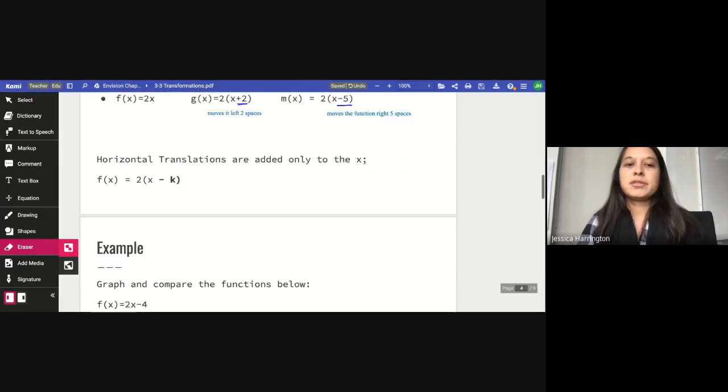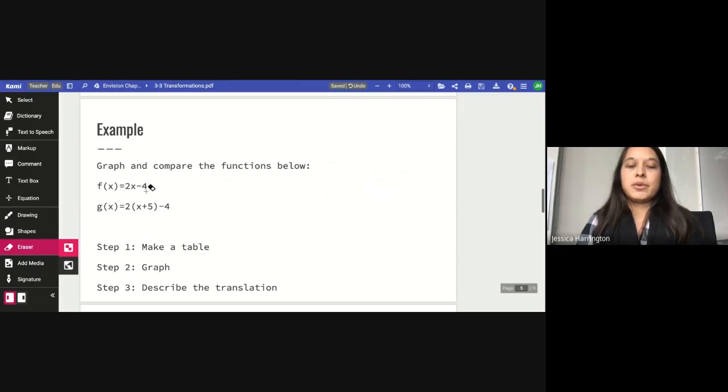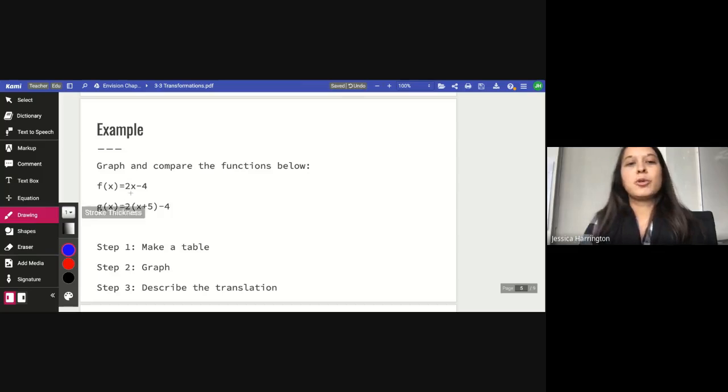Okay, translations are kind of the easiest, right? Because you're just moving it up and down. So if I look at this, what we're going to do is talk about the translations we see. So the original function is 2x minus 4. It has the y-intercept of -4, and it has a slope of 2. Okay, well, what's happening? Just to the x, a 5 is being added.